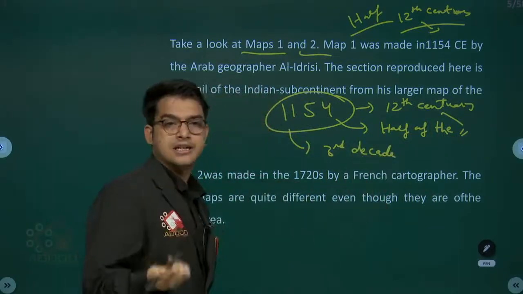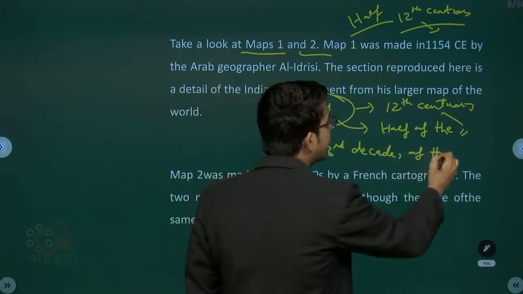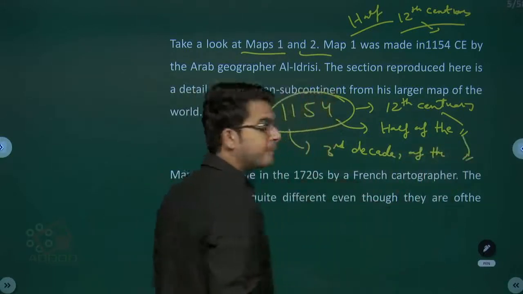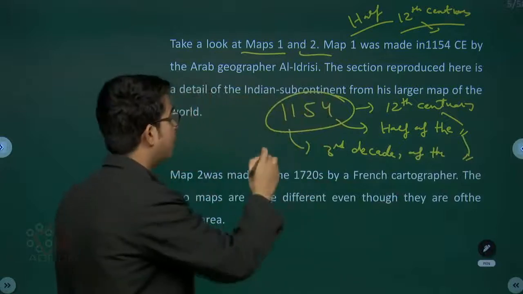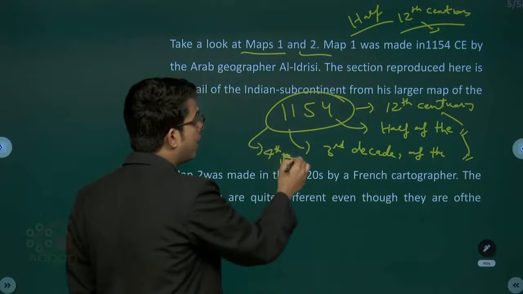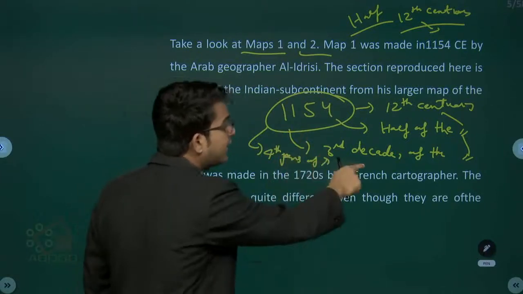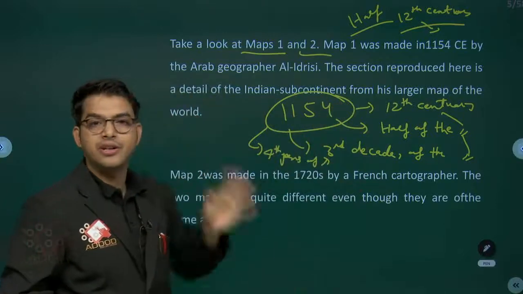Decade means 10 years, that's what we understand. The third decade of the 12th century. More, the fourth year of the third decade of the 12th century.